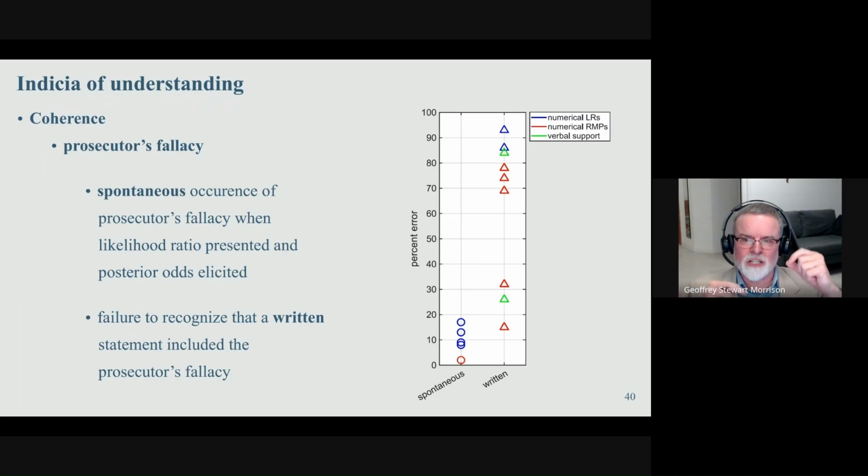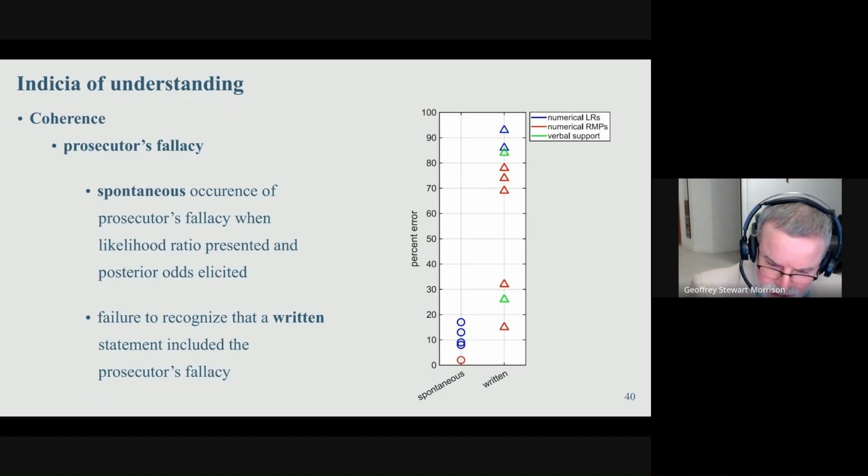Participants who were presented with the numerical likelihood ratios made more errors on the odds stated form of the prosecutor's fallacy, and participants who were presented with random match probabilities made more errors on the natural frequency presentation of the prosecutor's fallacy, which again is extra evidence to suggest it was the superficial similarity with what was previously presented to them. By the way, again, all of these studies were done in written format.